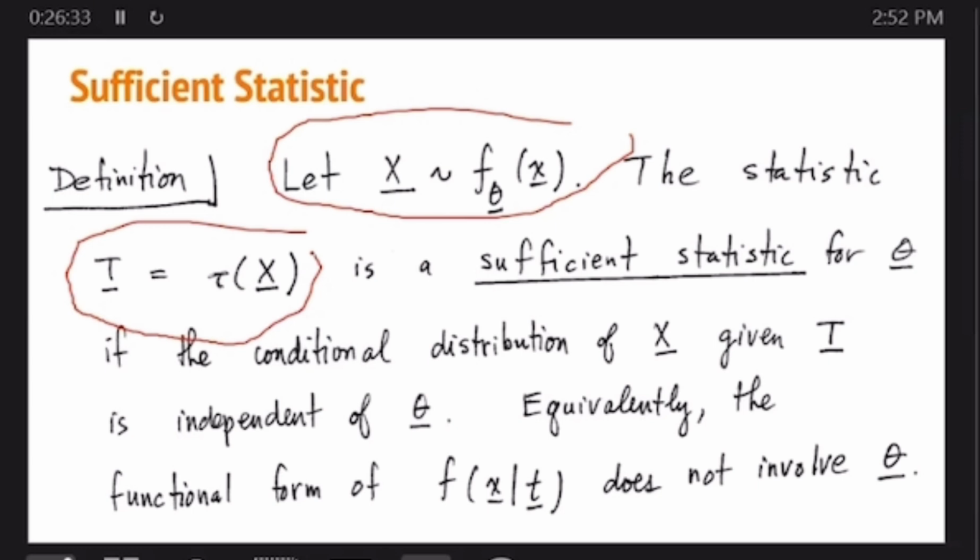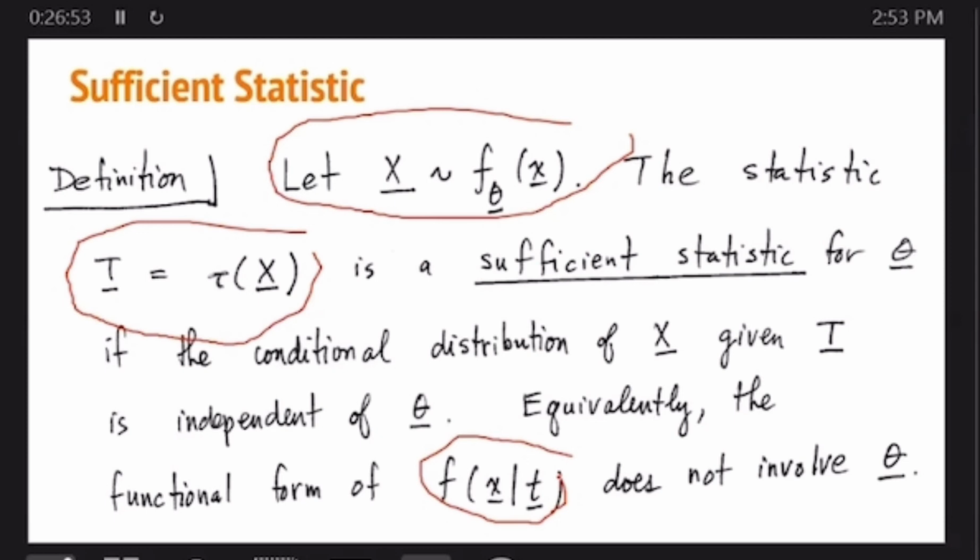But if, after trying to work that out and simplify it, you see theta in your expression, then it means your statistic is not sufficient. And that was why, equivalently, I said the functional form is going to lead us to a conditional function. There's a difference between this function and the initial probability distribution.